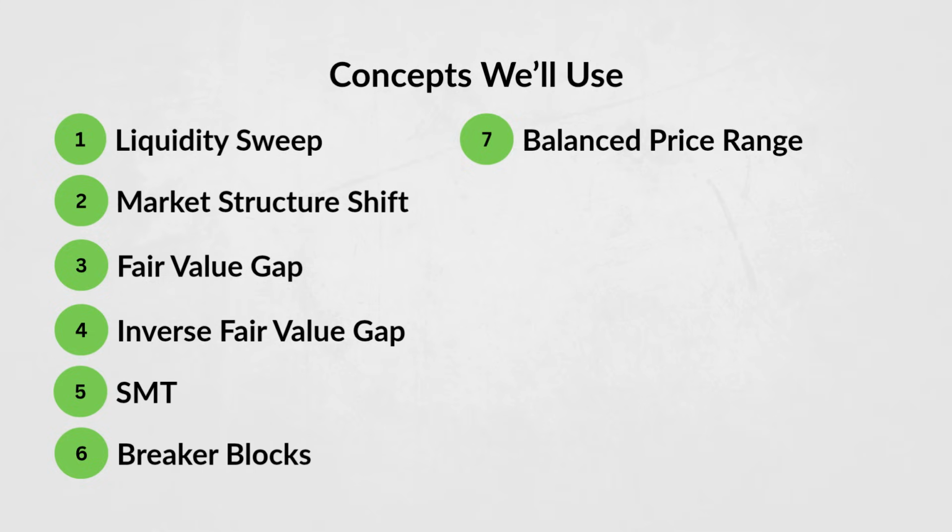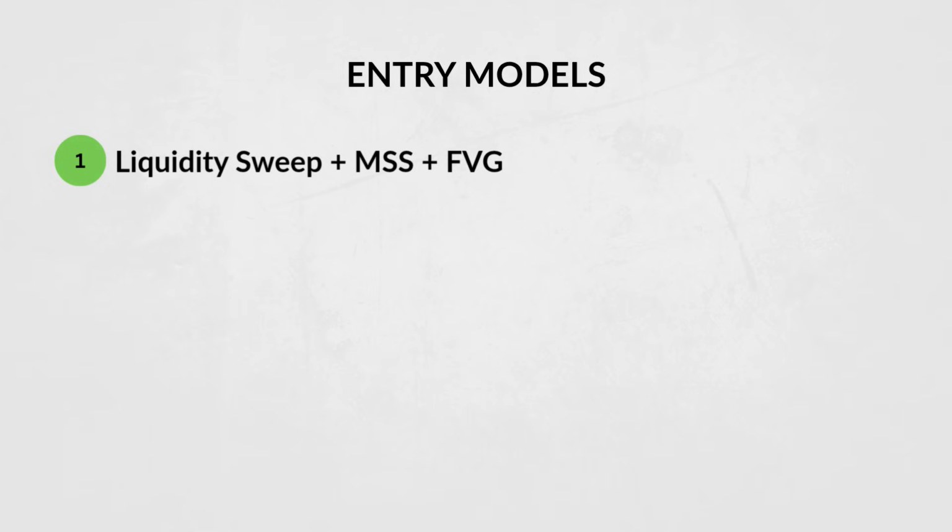What we're going to do is combine these concepts in different ways to form structured entry models. In this video, we'll go through 5 of them. The first model combines a liquidity sweep, a market structure shift, and a fair value gap. The second model uses a liquidity sweep and a balanced price range.